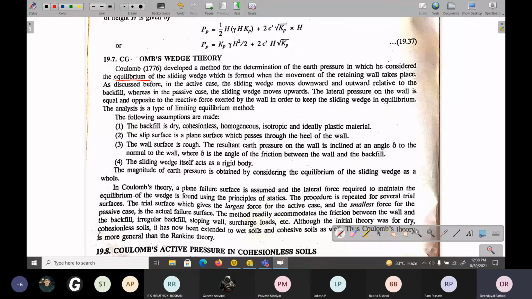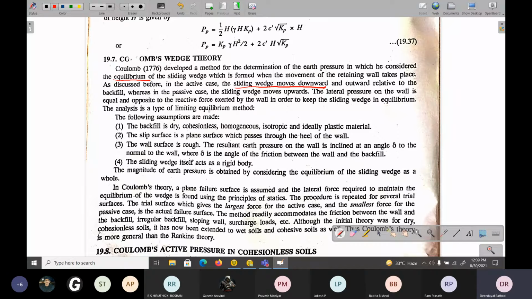In the active case, the wall will try to move away and the sliding wedge will move downward. In the passive case, it moves in the opposite direction, upward. So he has made some assumptions.